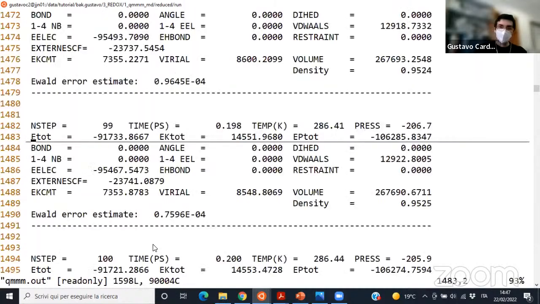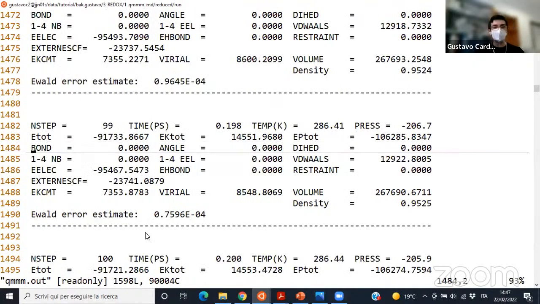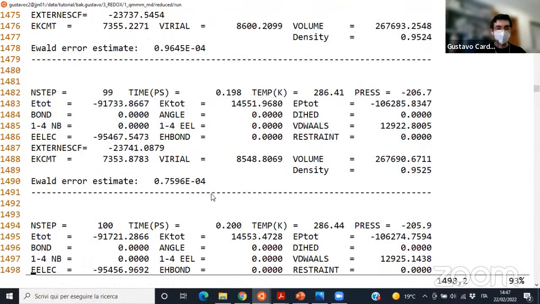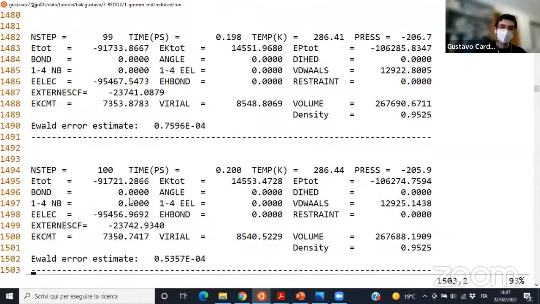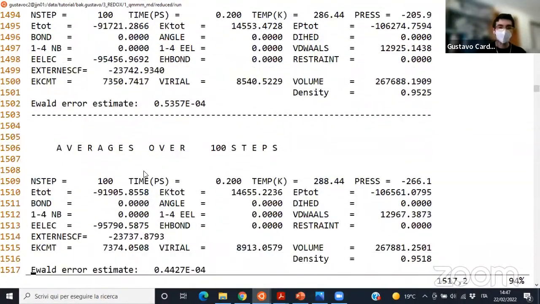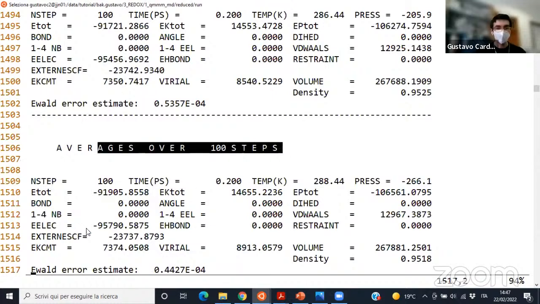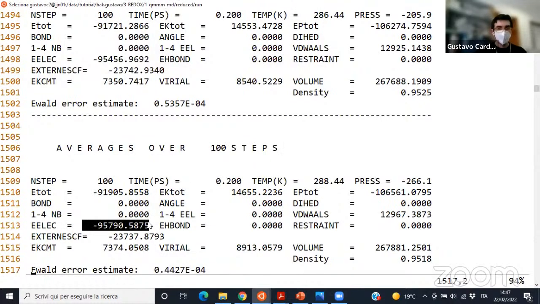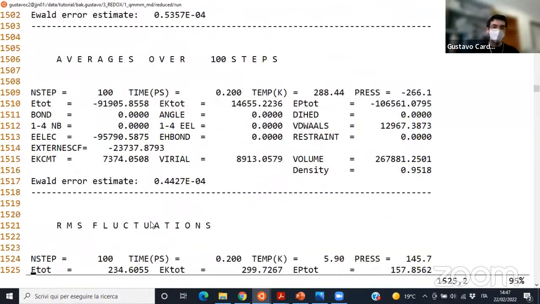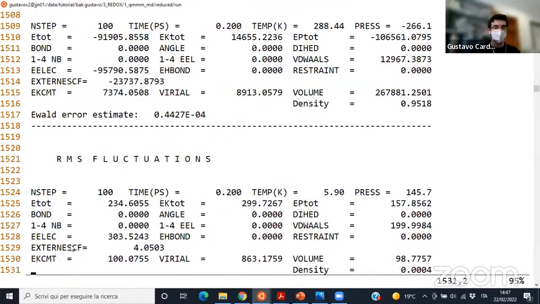I think this is not written in the tutorial, but of course, when we do this grep, it will take all these entries. So it will also include this entry here, which is the average over 100 time steps. So we don't need this. I mean, technically speaking, this is what we're going to compute afterwards, but this is just for this specific case. So this is not a real point in our data set. So we're going to delete the last but one line and the last line.